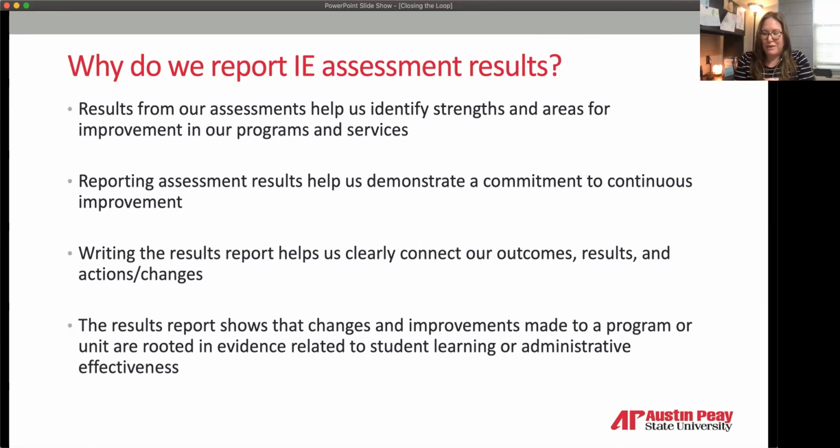It gives us a purpose for what we're doing, and it gives us evidence-based support, data to back things up related to student learning, or administrative effectiveness with those administrative unit outcomes. So yes, we do it because we have to for accreditation purposes, but more so we should be doing it because it makes us stronger.